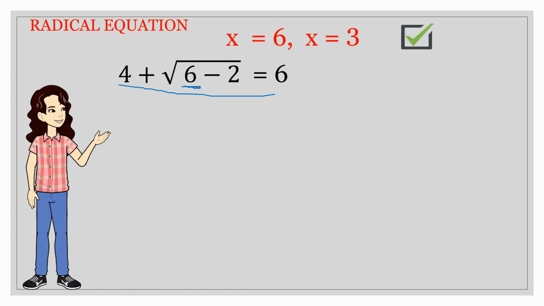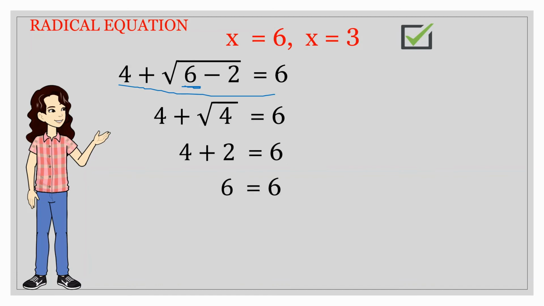So 6 minus 2 is 4. So we have 4 plus square root of 4 is equal to 6. And square root of 4 now is 2. So 4 plus 2 is 6, and 6 is equal to 6. So, meaning, your answer of 6 is the solution because this is correct.